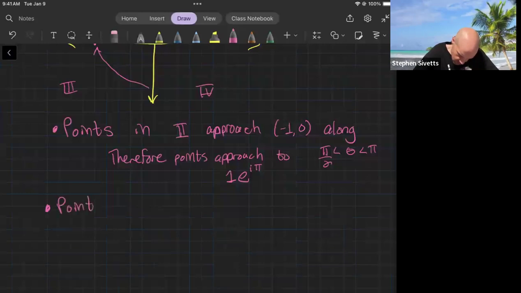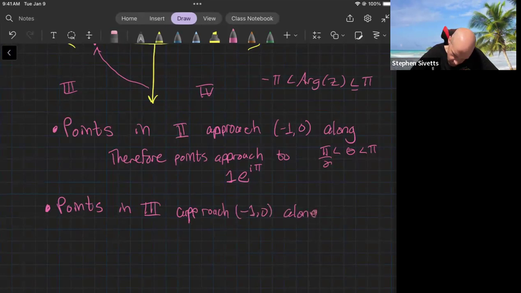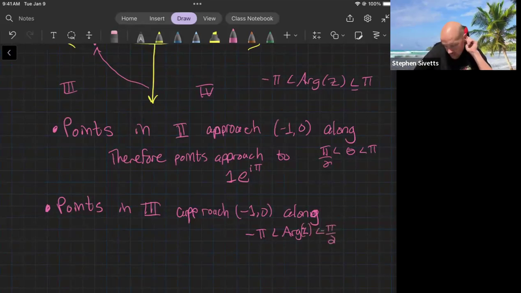But points in the third quadrant, just to remind you that the principal argument of z is in between minus pi and pi, right? Points in the third quadrant will approach this point along argument of z minus pi over 2.